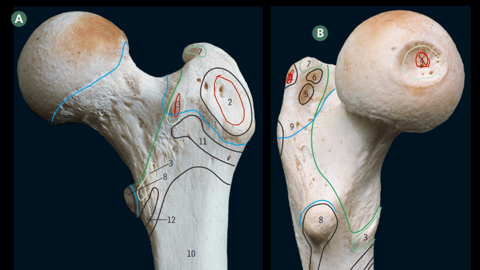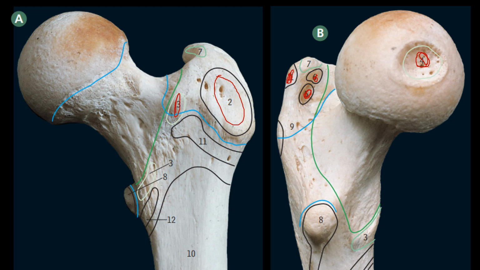The fifth number is the obturator externus muscle, which inserts onto the trochanteric fossa. The sixth number is for the obturator internus and the gemelli muscles.